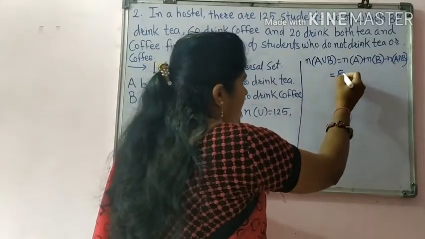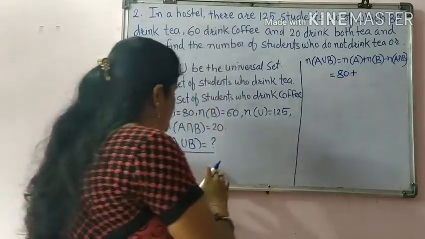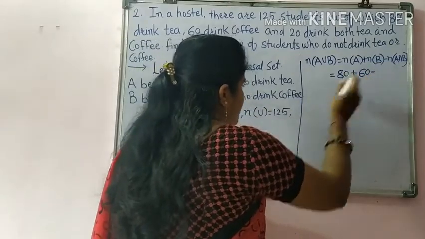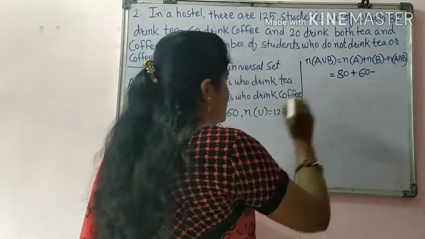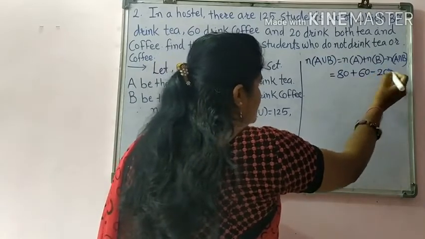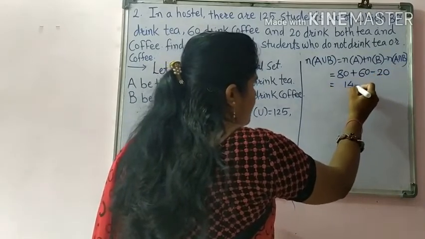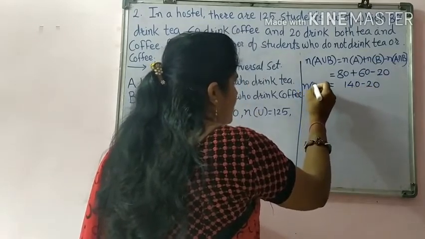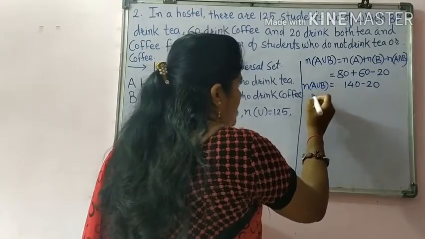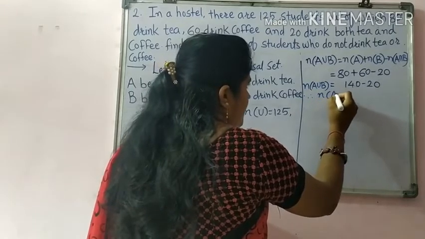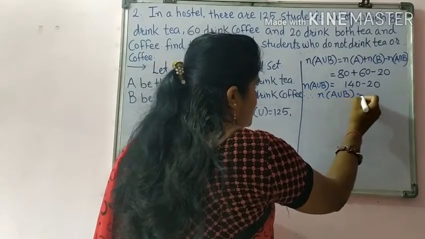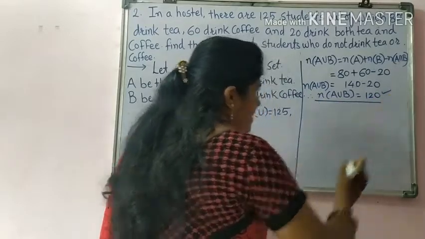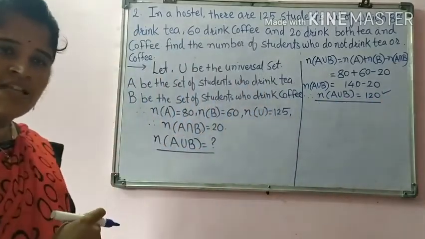Substituting the given values, 80 plus n of B is here 60 minus n of A intersection B is here 20. So this is equal to 140 minus 20. Therefore n of A union B is equal to 120.